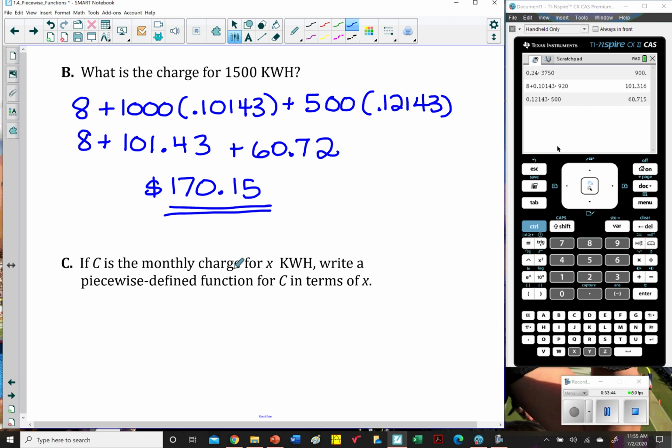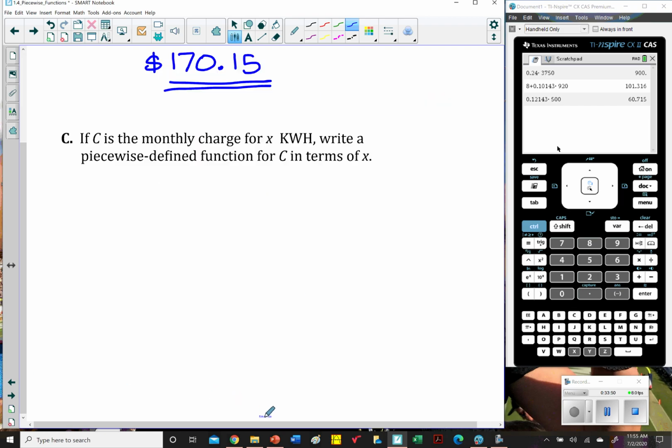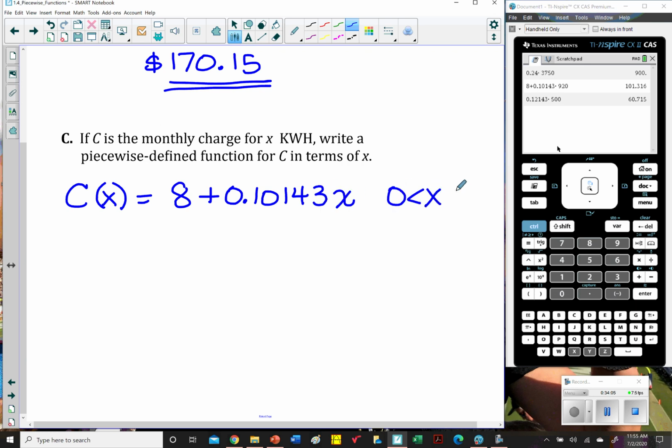If C is the monthly charge for X kilowatt hours, can we write a piecewise function to describe that charge? Well, we know C of X is $8 plus 10 cents for every hour between 0 and 1,000 kilowatt hours.